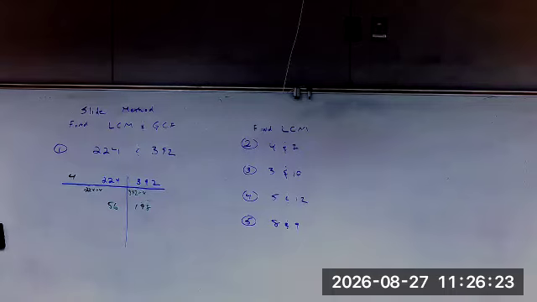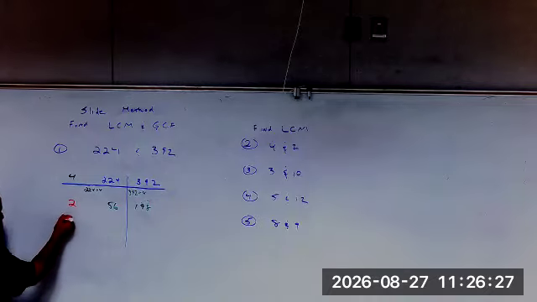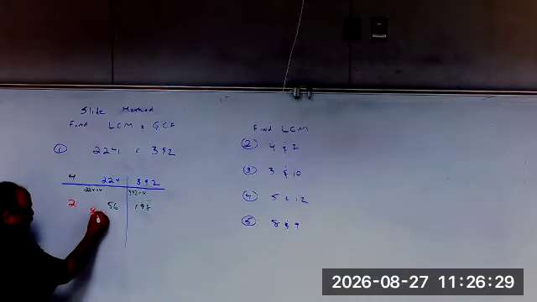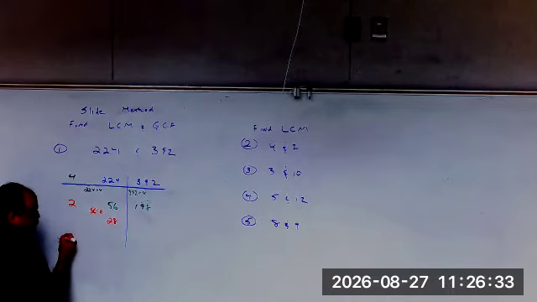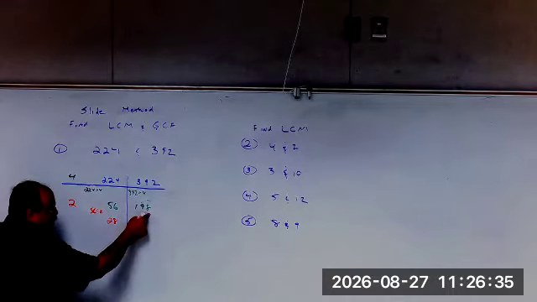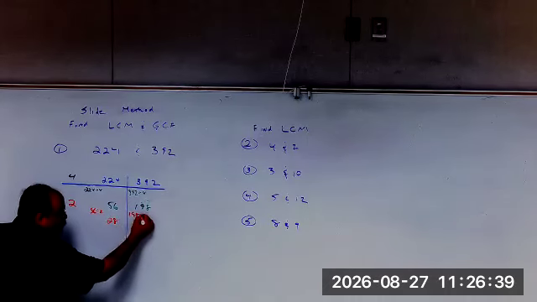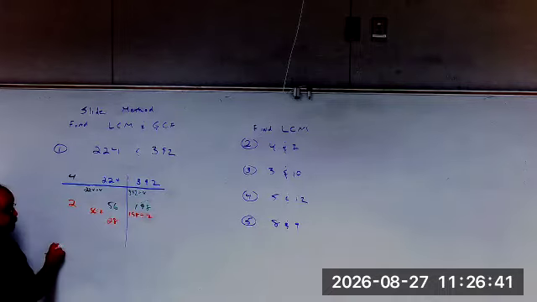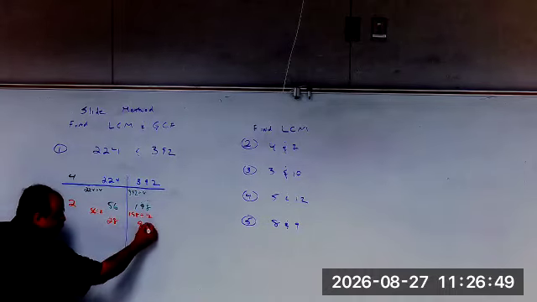We can divide by 2. So now right here we divide by 2. 56 divided by 2 is going to give us 28. 198 divided by 2 is going to give us 99.